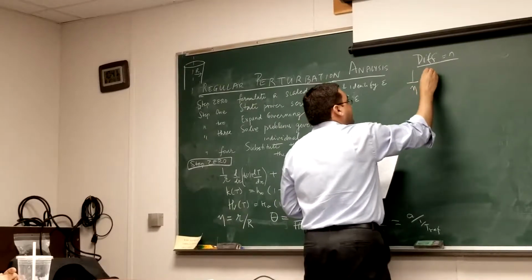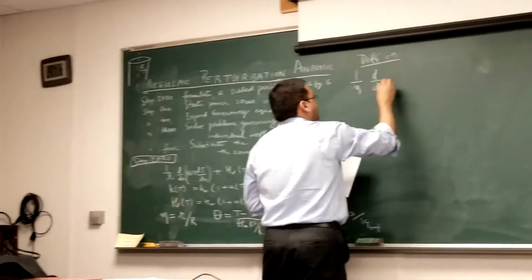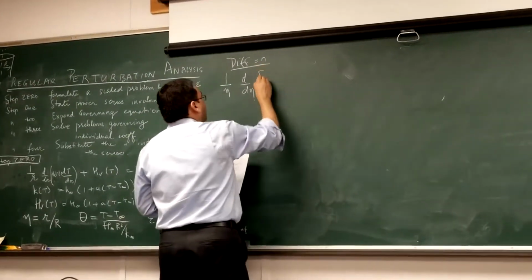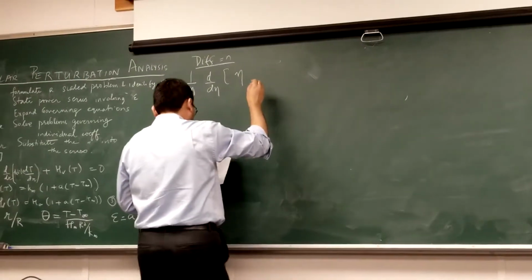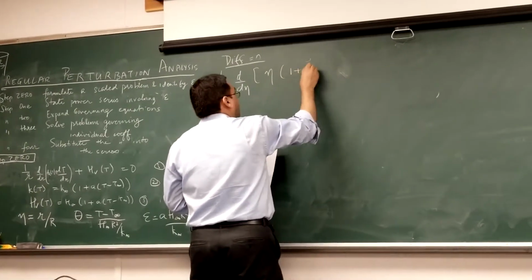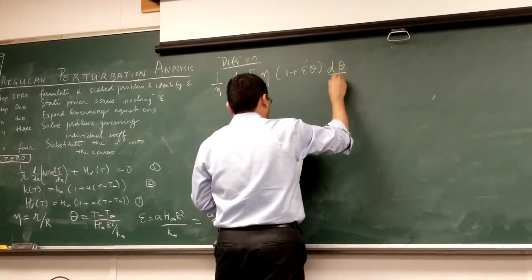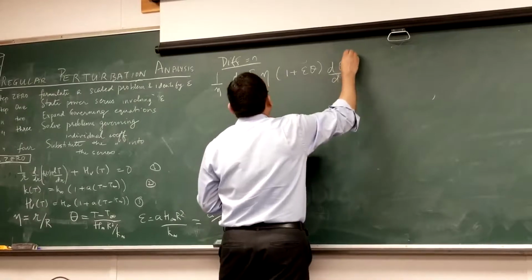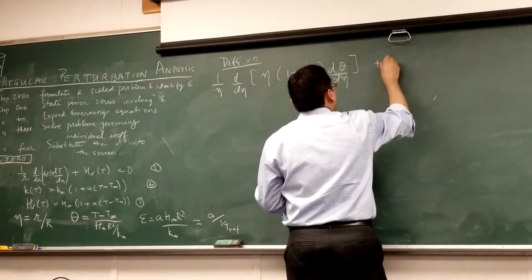So 1 over eta, d over d eta, so r is being converted to eta. Then you have again r there, and it's multiplied with 1 plus sin theta d theta over d eta, because I have now taken the expansion.